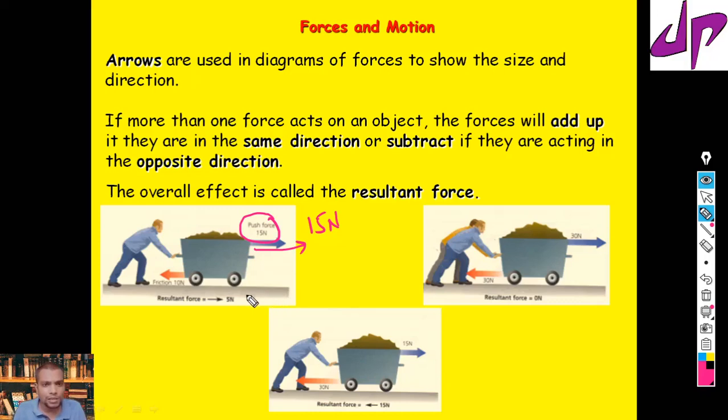Now here you can see, he is pushing the cart, and between the wheels and the surface there is a force which always acts on the surface. That force is nothing but friction force.